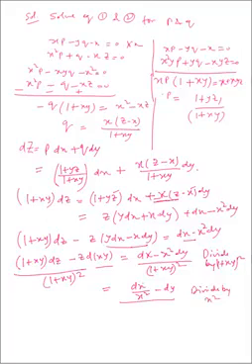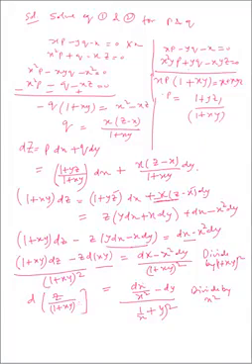So 1 upon x plus y whole square, and this is equal to left hand side d of z upon 1 plus xy.